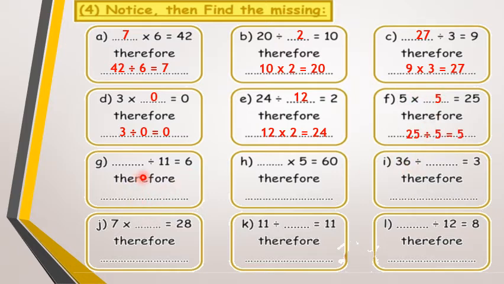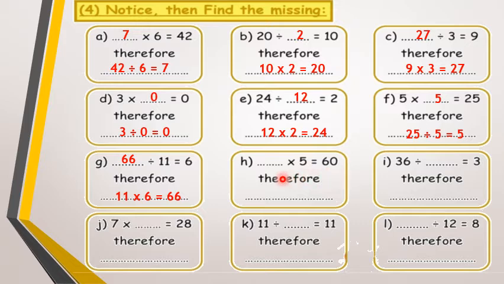Now there's a number that when you divide it by 11 will give you 6. It means that this number is the product of 11 and 6. 11 by 6 will be 66. This means that when you multiply 11 by 6, it will give you 66. There's a number that when you multiply by 5 gives you 60.